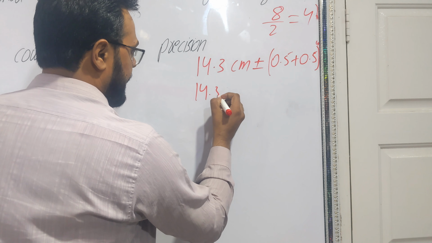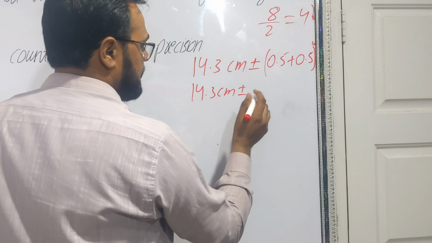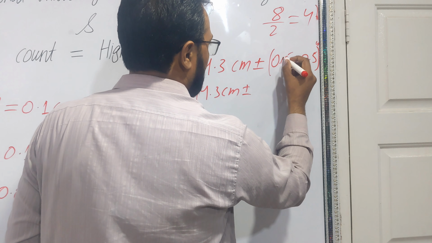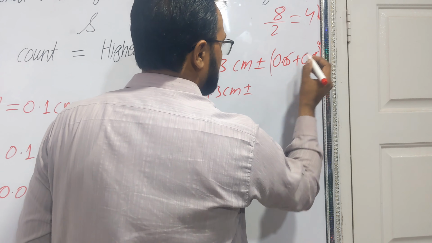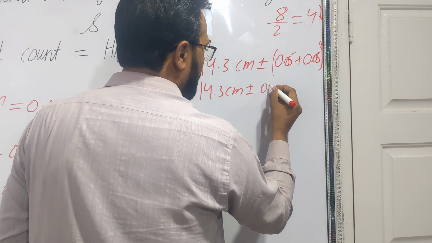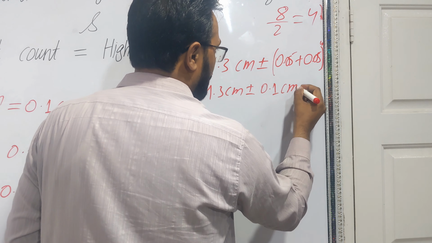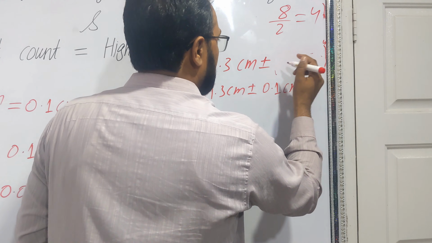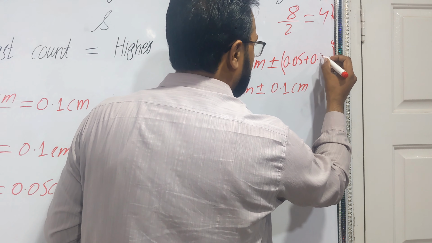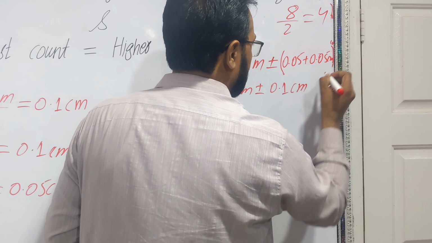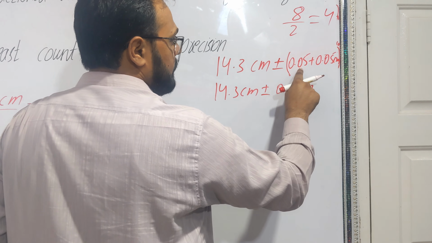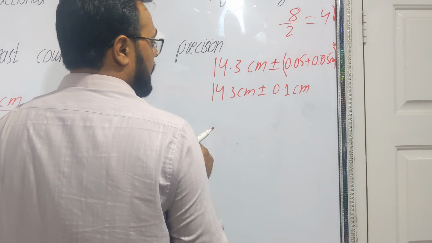Then 14.3 centimeter plus or minus 0.05. 0.05 plus 0.05 is equal to 0.1 centimeter. You can verify: 0.05 plus 0.05, you will get 0.1.